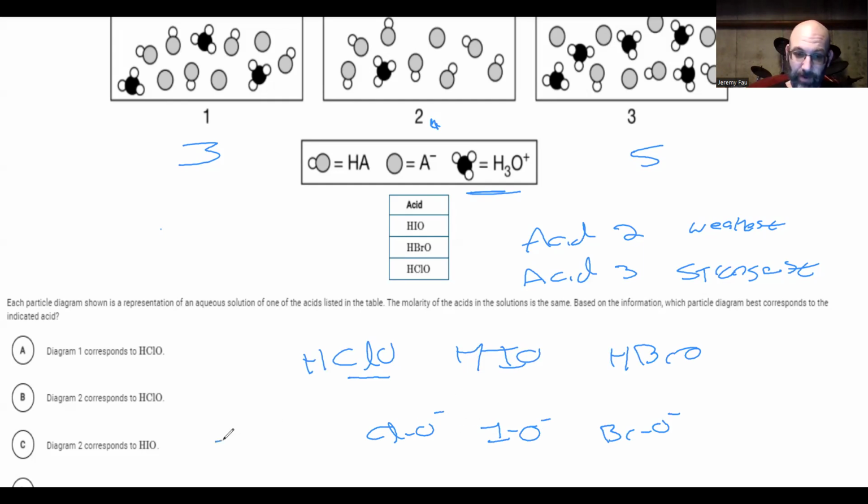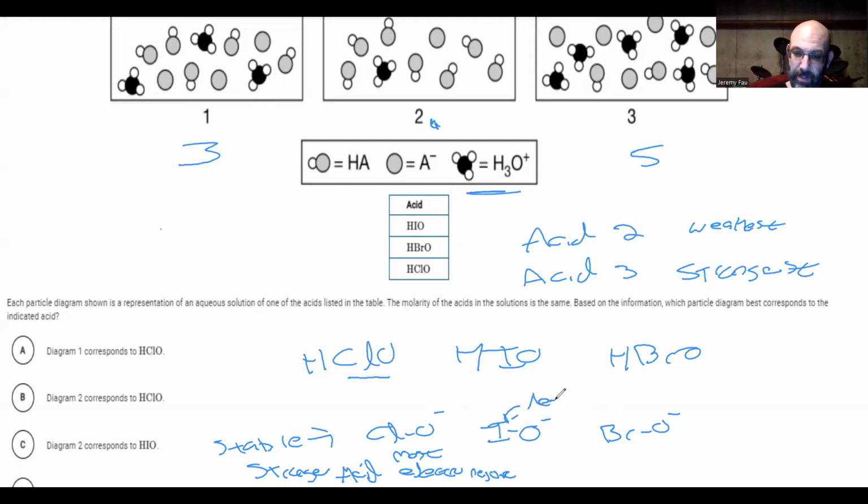The more stable this is, the stronger the acid. Well, of these 3 ions, ClO minus is the most stable. It's the most electronegative.